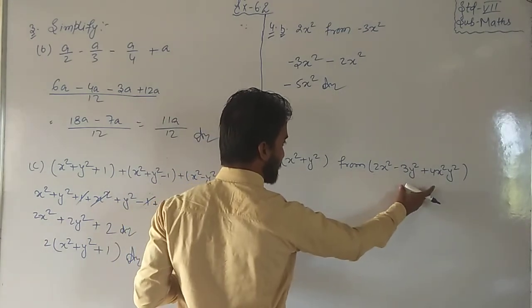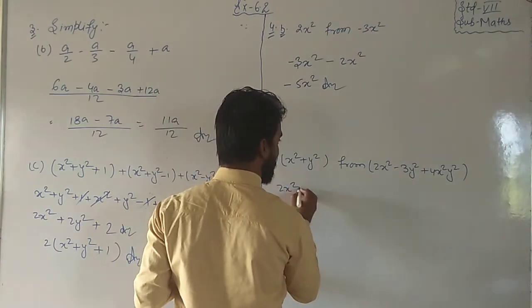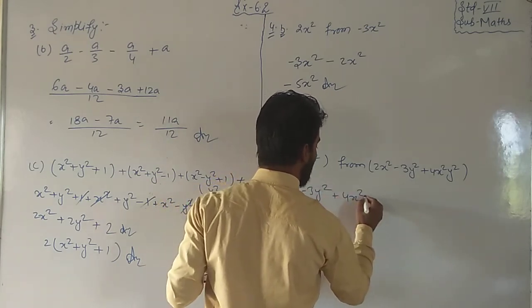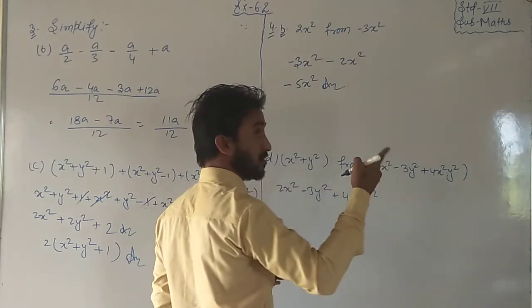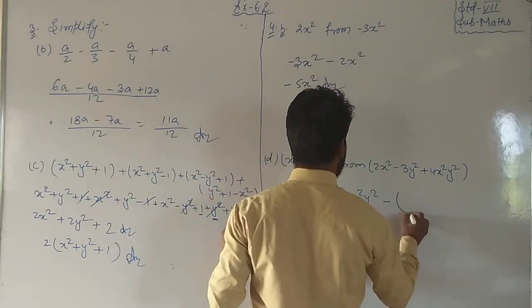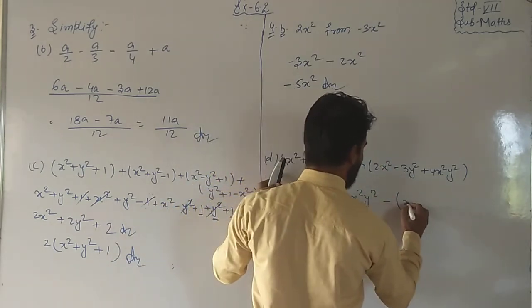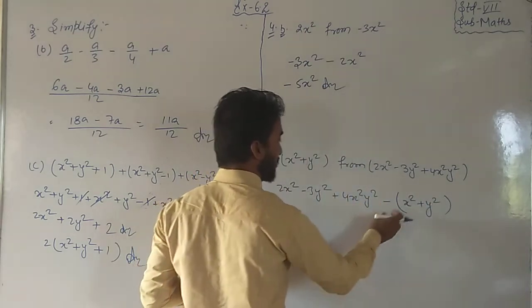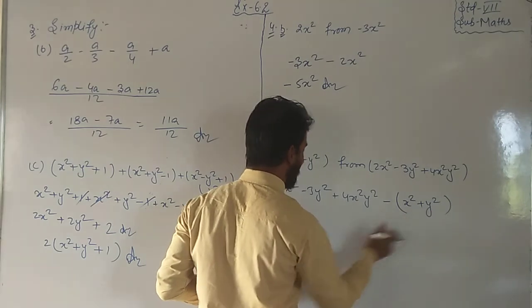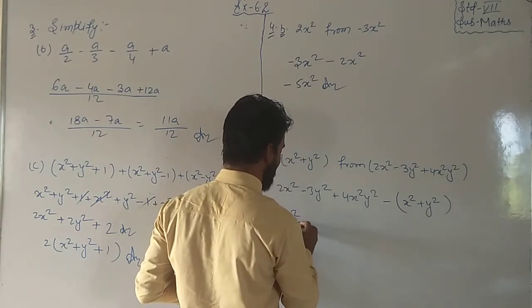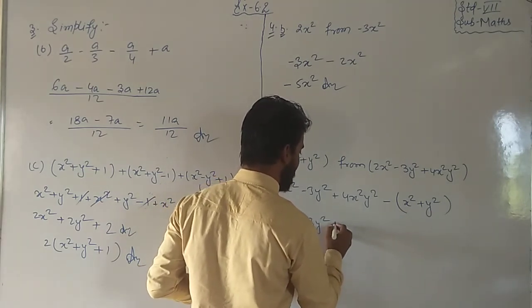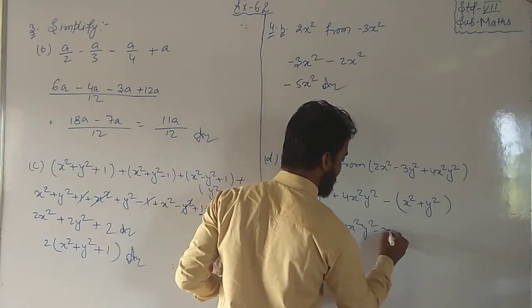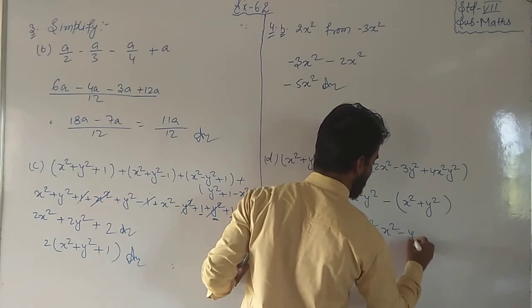You can see the next question, students. From terms we will write first: 2x square minus 3y square plus 4x square y square. What do we have to do? Minus. What terms are given? x square plus y square. Okay, students. See, when this minus multiplies both terms, what happens? 2x square minus 3y square plus 4x square y square, this minus x square minus y square.